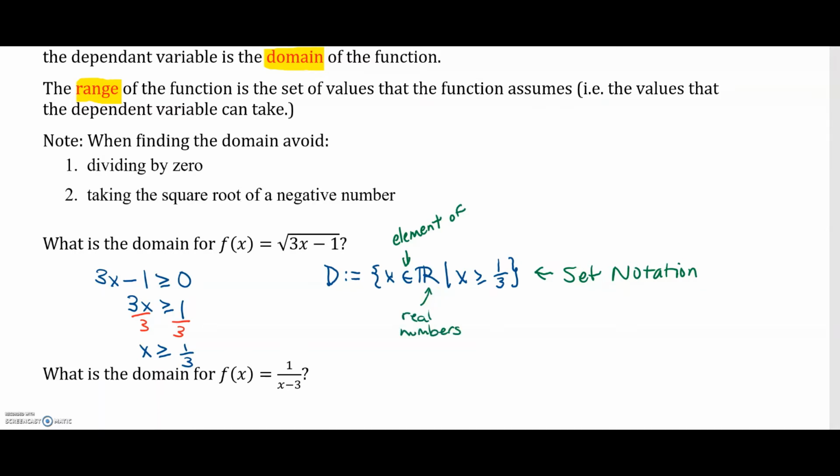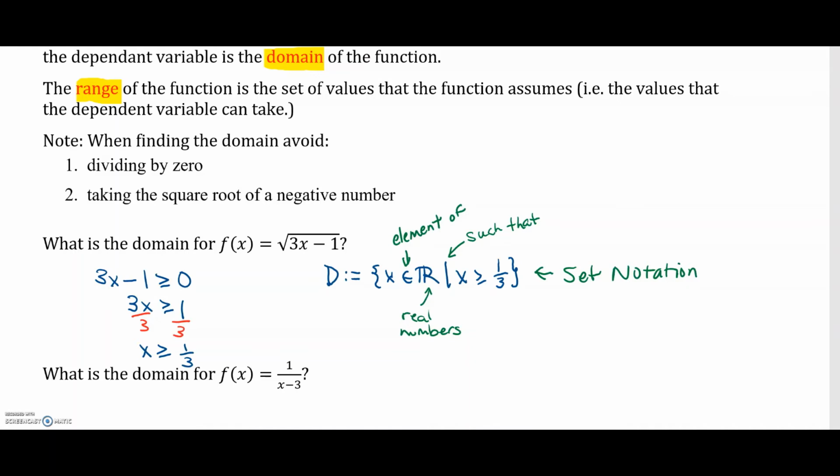And the last thing I want to point out is this vertical bar, which means such that. Set notation doesn't necessarily come naturally. It requires some practice and also reading lots of mathematical notation to become comfortable with it. So this is one way that we can denote our domain, and notice we have curly brackets to denote the full set of numbers that x can take on.